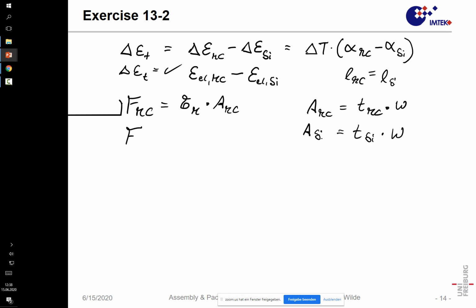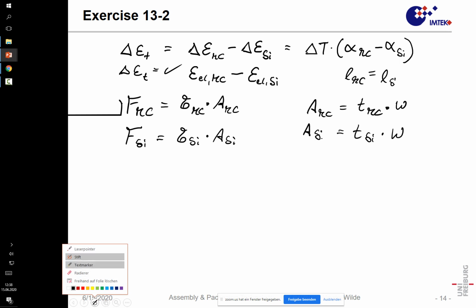The force in the silicon is the stress in the silicon times the area. So, what's the property we are interested in? I just would like to highlight it. Of course, that's the property we are interested in: stress in silicon, because that will kill our device. Okay.